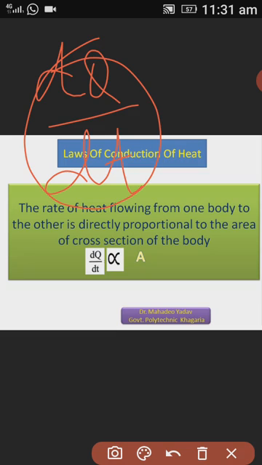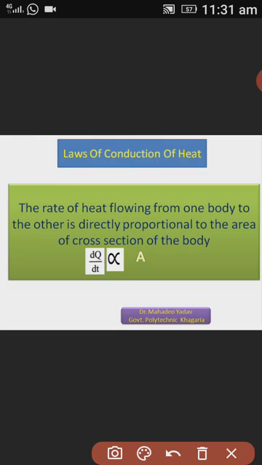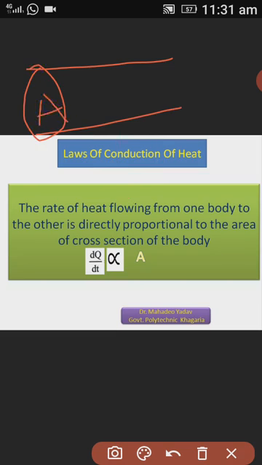The rate of flow of heat is directly proportional to the cross-section area of the good conductor through which it is propagating. This is the cross-section area A. Therefore, dq is directly proportional to cross-section area.